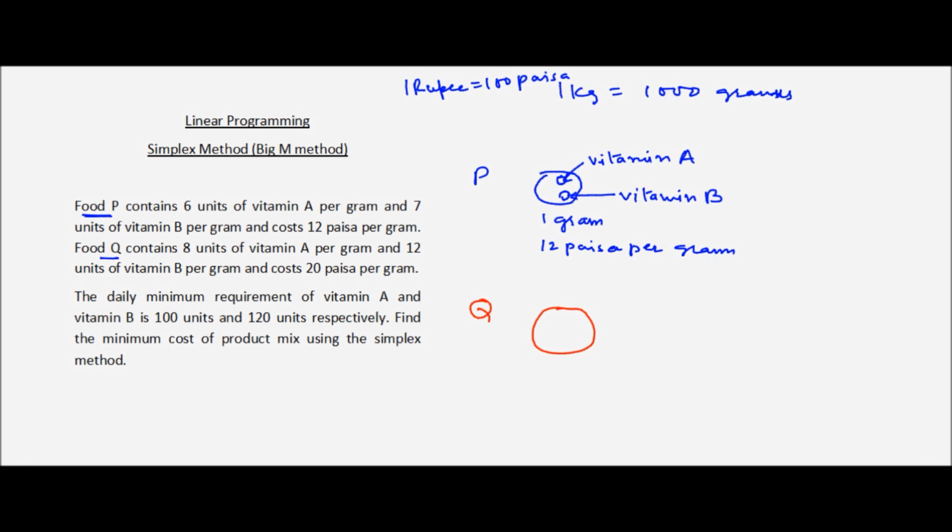So if we take 1 gram of food Q, then it contains 8 units of vitamin A and 12 units of vitamin B. And it costs 20 paise per gram.